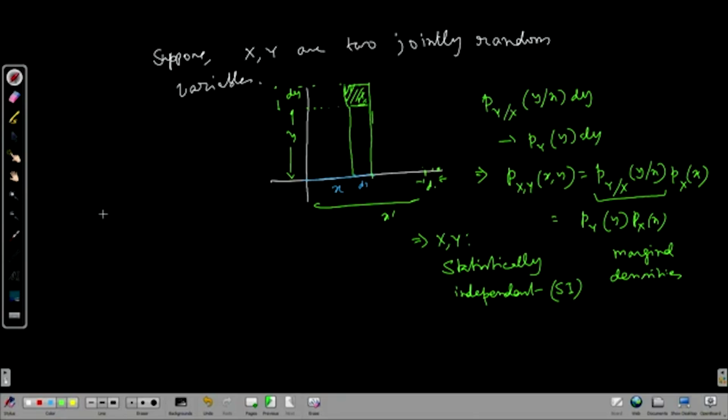You can generalize it to a case like 3 variables. Suppose now you have got 3 random variables: X, this is y, this is z.